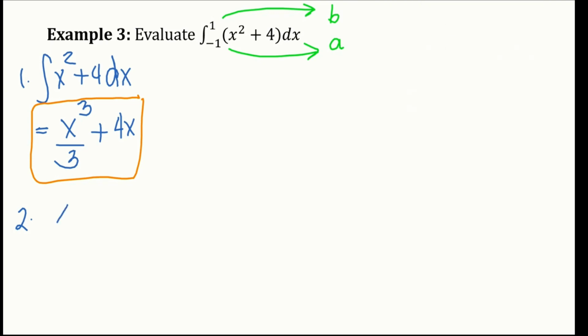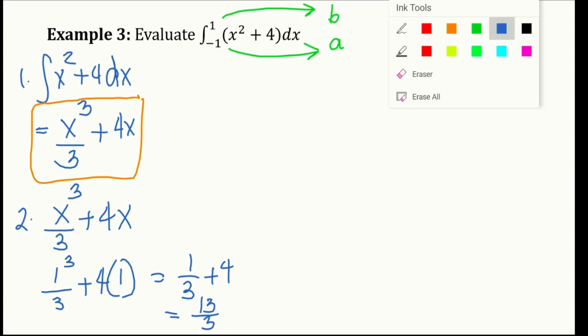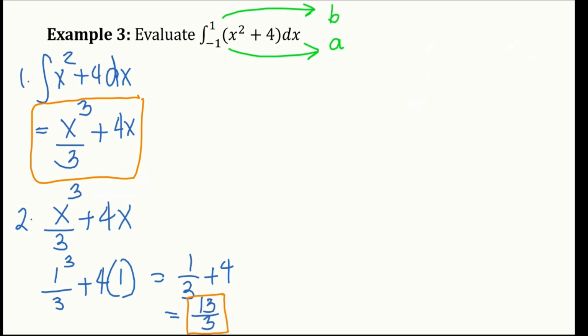And then we have x cubed over 3 plus 4x. Then substituting the value of 1, we have 1 cubed over 3 plus 4 times 1, which is equal to 1/3 plus 4, which is also equivalent to 13 over 3. So this is our answer for step 2, 13 over 3.